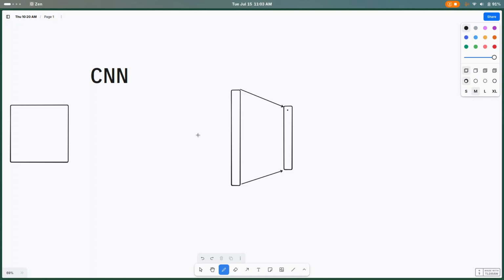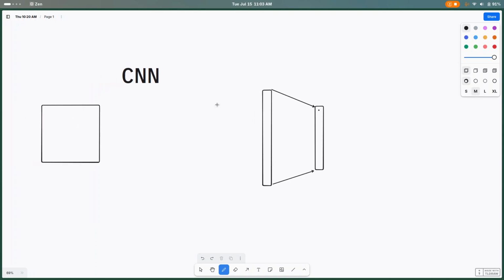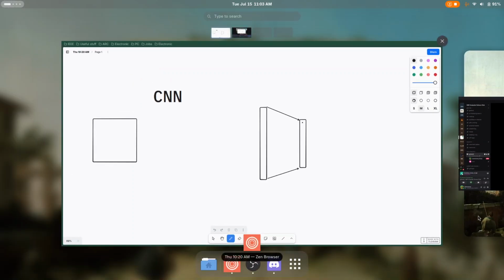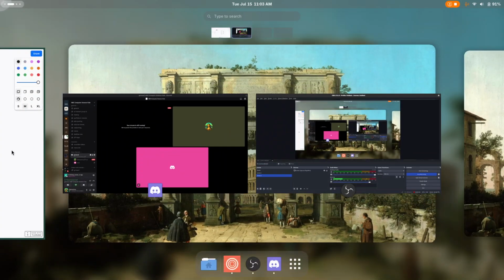We use a bunch of kernels to extract a bunch of features, images, and after that we extract again and again until at the end when we extract enough, the features image is small enough, we don't really care about the localization, we don't really care about the position or anything anymore. Or in other words, the features at the end become high level enough that we don't really care about the position.